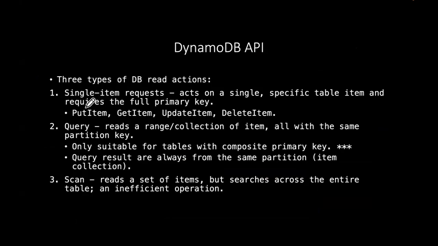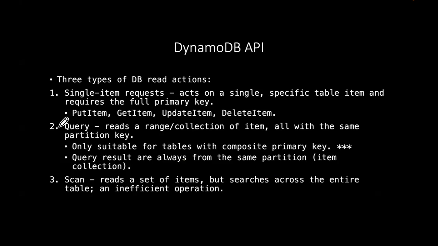There's a put item action where you want to write an item to your DynamoDB table. Get is a single item read, update is a single item update, delete is a single item operation. Obviously in the case of all of these operations, you must specify the primary key, whether that be a simple or a composite primary key. So there's nothing unusual there.